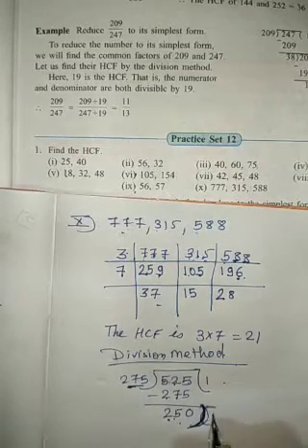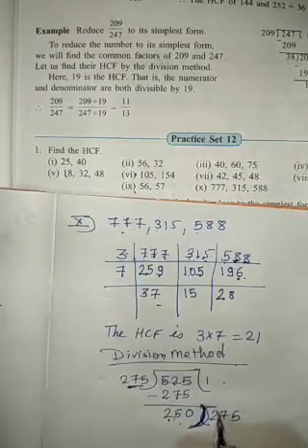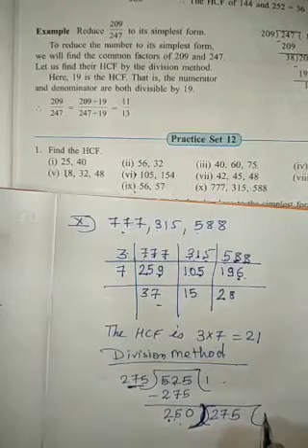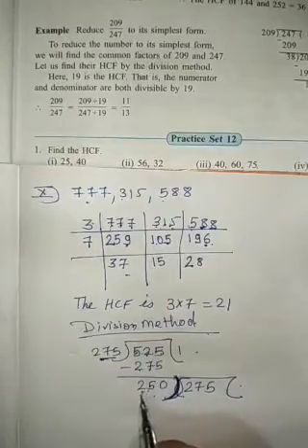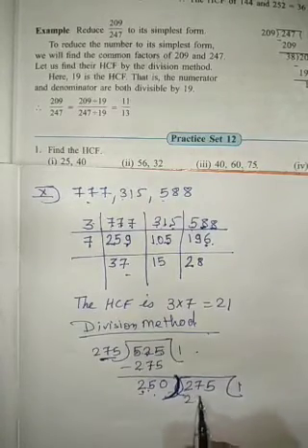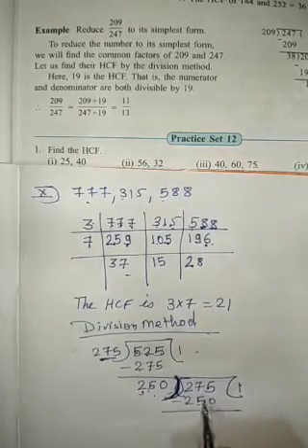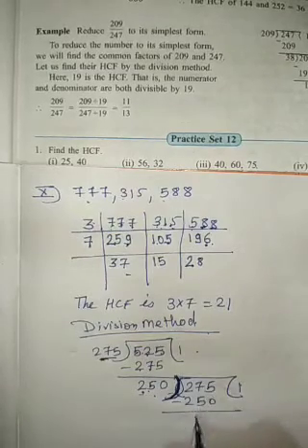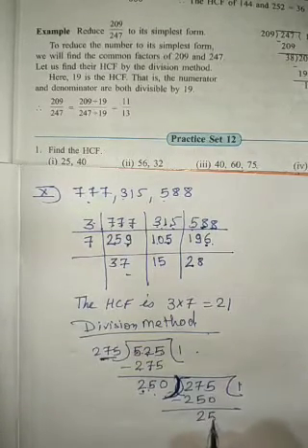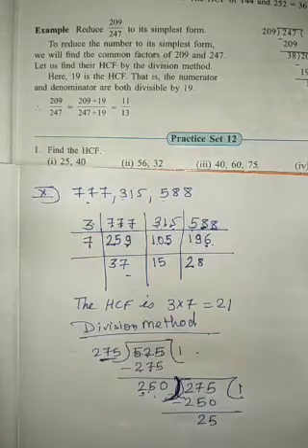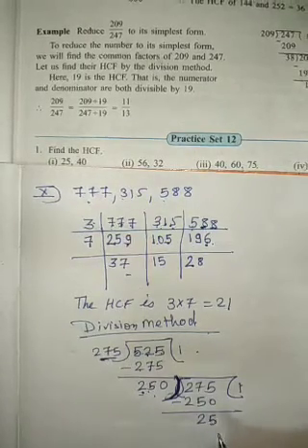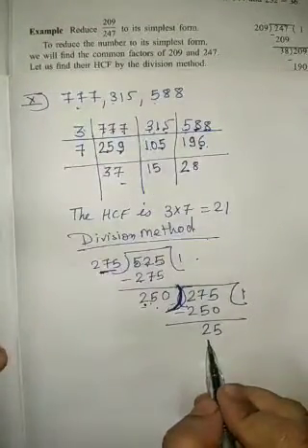And here we will write the quotient after that. Then 250 ones are 250, and after subtracting 250 from 275, here we will get 25. Okay, 25. Now this is your remainder.